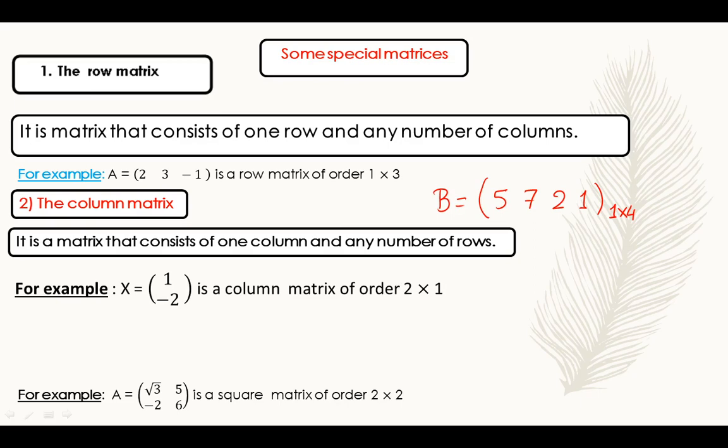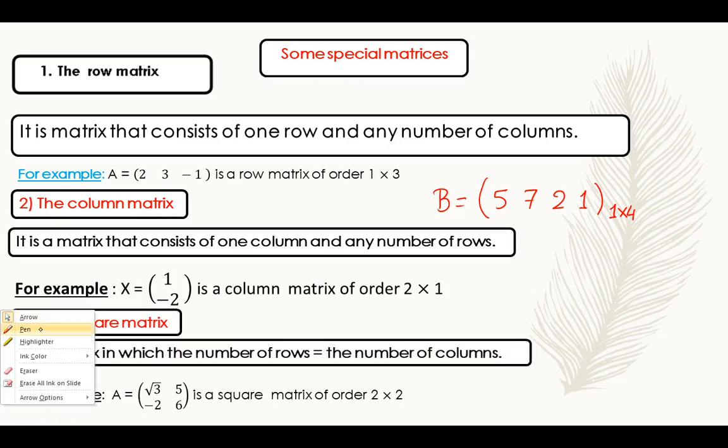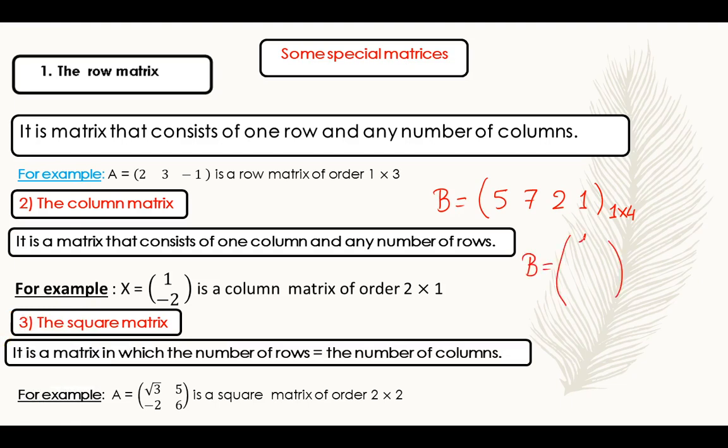Another example, the matrix B equals 1, 5, 7. This is a column matrix consisting of 3 rows. We write the number of rows first, then the number of columns, so 3 times 1. It has 1 column, so this is a column matrix.